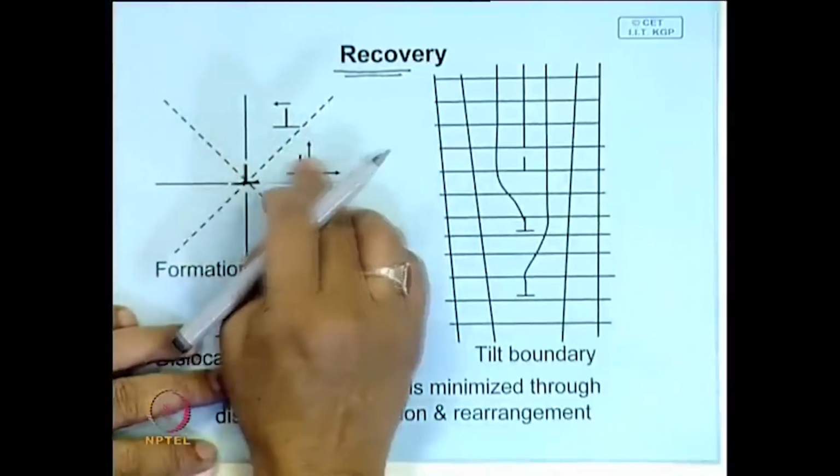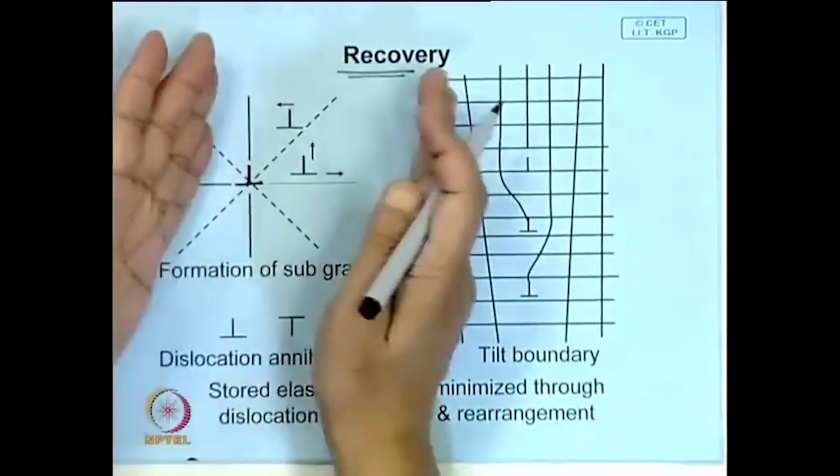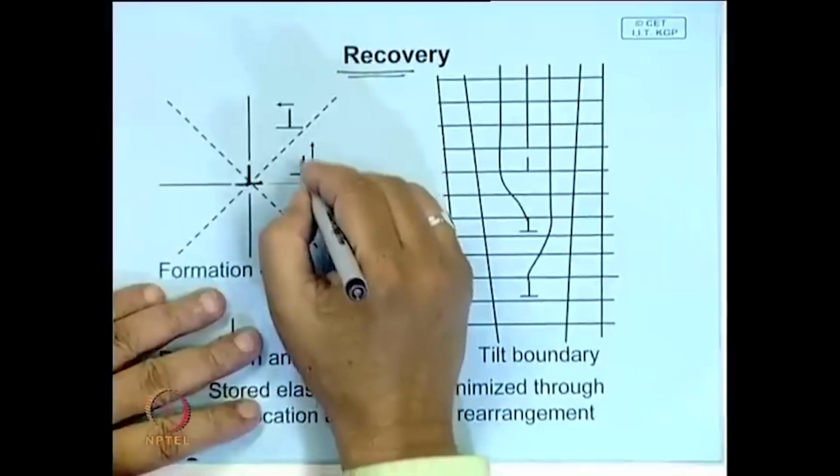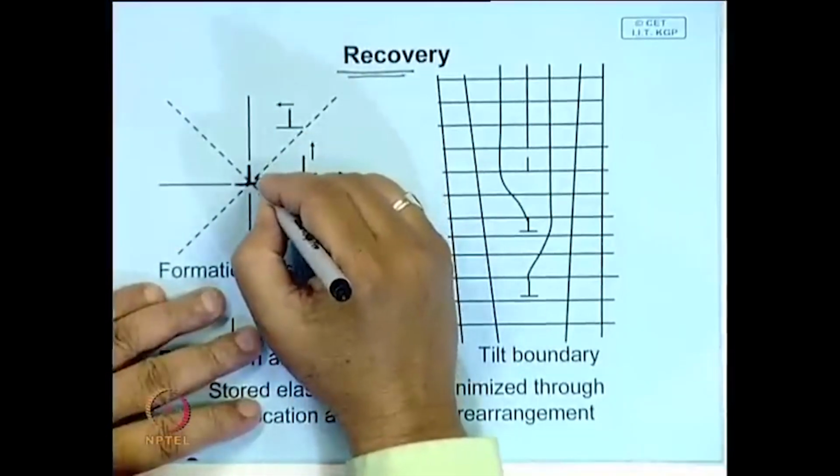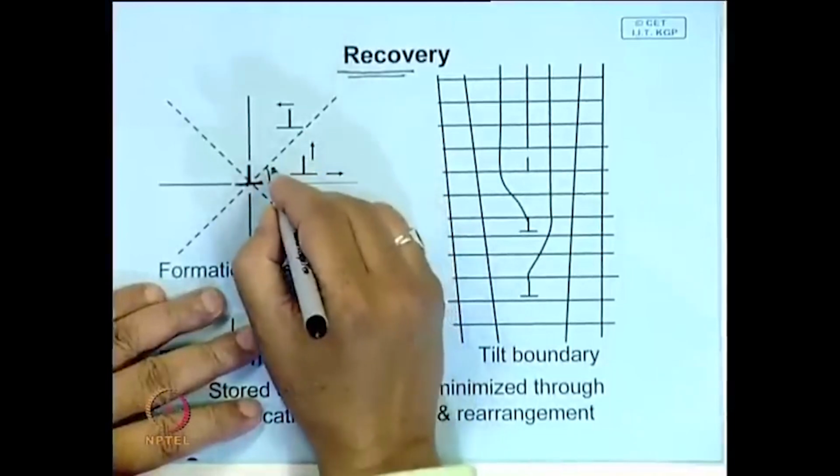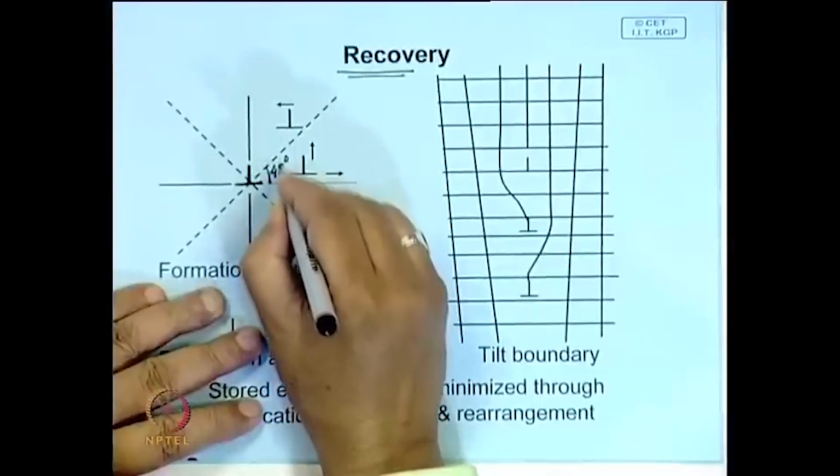So, it will be difficult to accommodate, the two will repel each other, but what happens if it climbs up? We have seen that this is a 45-degree line.